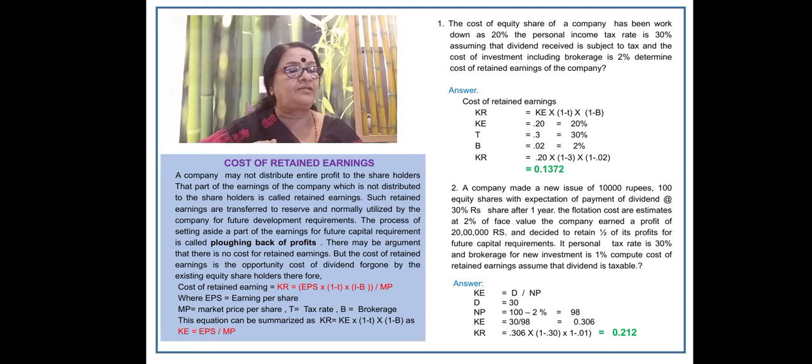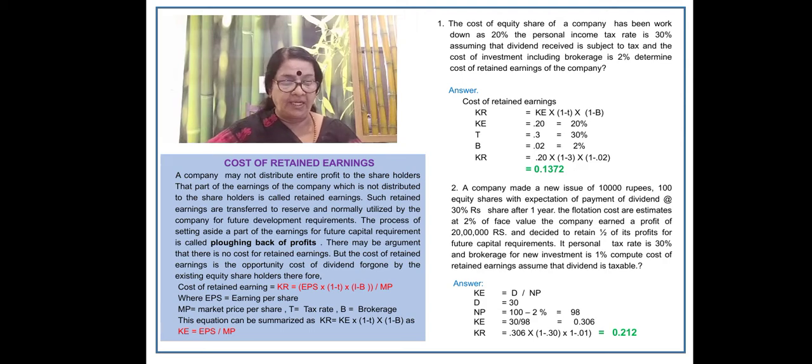KE means what? How can we find it out? EPS divided by MP. Here it is clearly given: the cost of equity shares of the company is 20%, so 20 by 100, we can make it 0.20. Understood? KE means cost of equity, which we did in the fourth session.